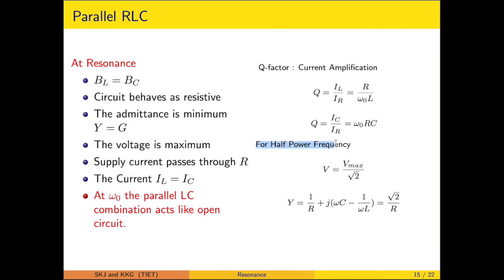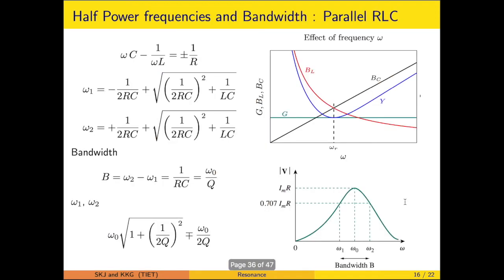So at half power frequency, the voltage will be Vmax upon root 2, then only the power transfer will be half. So correspondingly, the condition will suggest that the admittance has to be root 2 times the admittance at the resonance. So on the analogous line, you can plot it likewise.